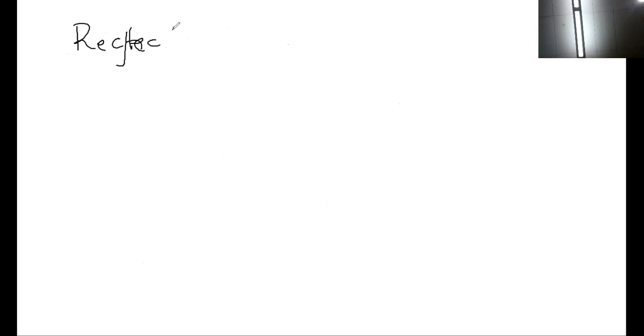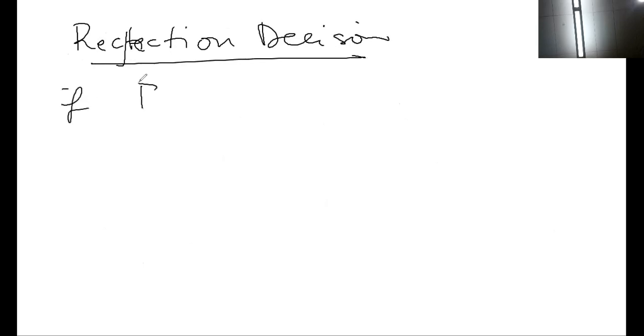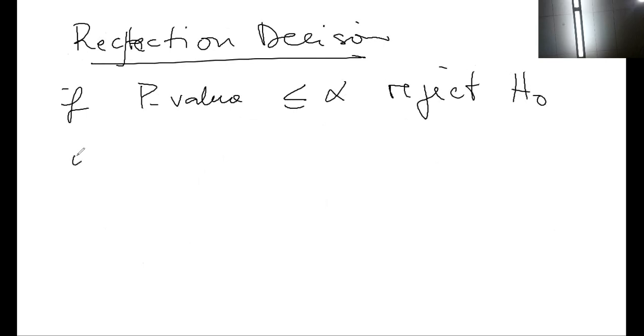rejection decision. If the p-value is less than or equal to alpha, reject H0. Otherwise, do not reject H0.